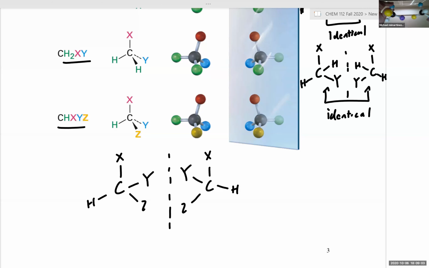Are these two molecules the same molecule or enantiomers? What does everyone think? We try to overlay them. We notice that they don't superimpose on each other. So are these molecules the same or are they enantiomers?